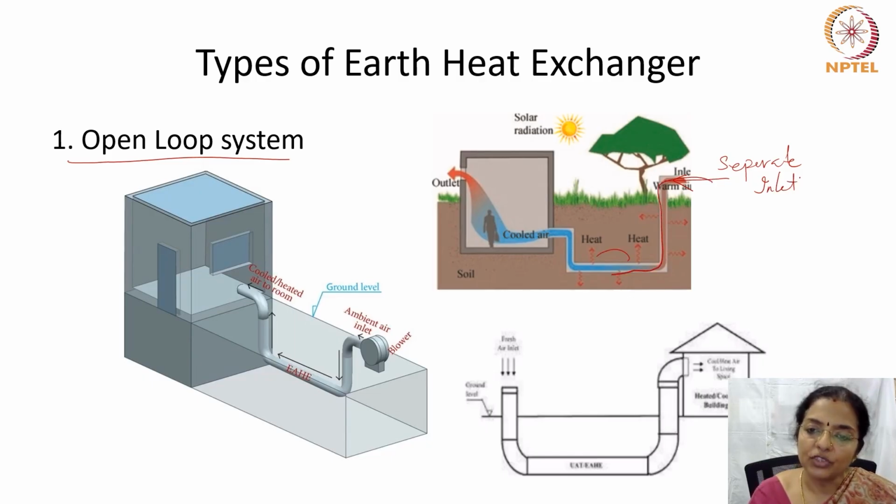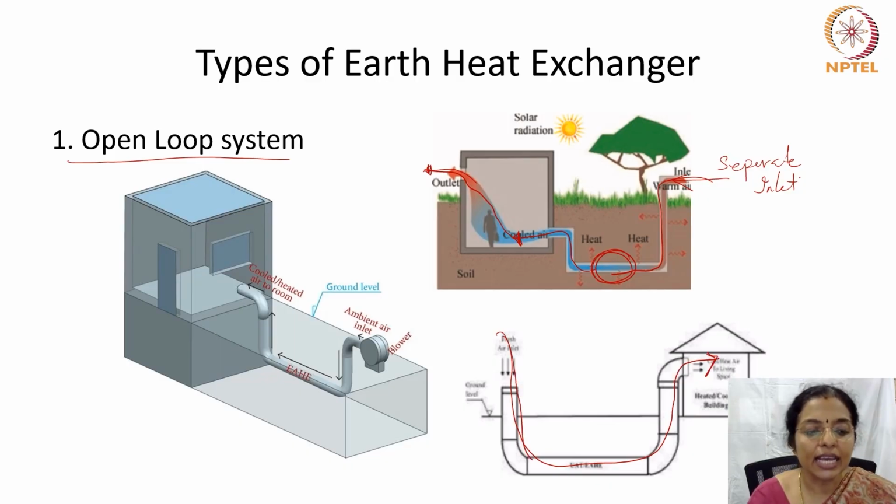It changes its temperature because of either radiating heat to the ground or absorbing heat from the ground, and this flows into the room. In that process, it either makes the room cooler during summer or makes the room warmer during winter, and this air escapes based on the temperature. So in an open loop system, you have a loop which is open and does not get closed.